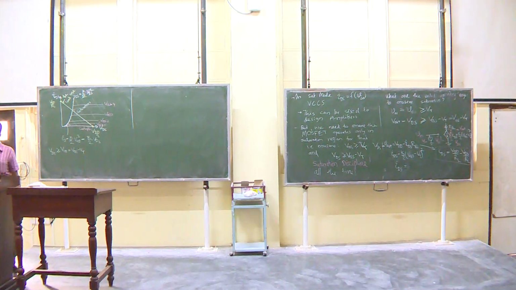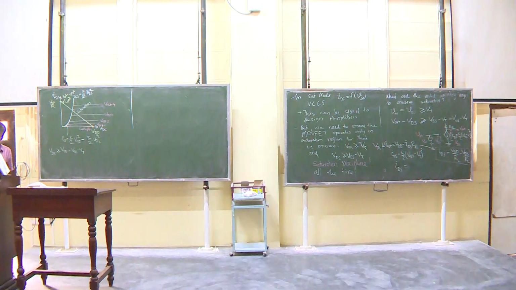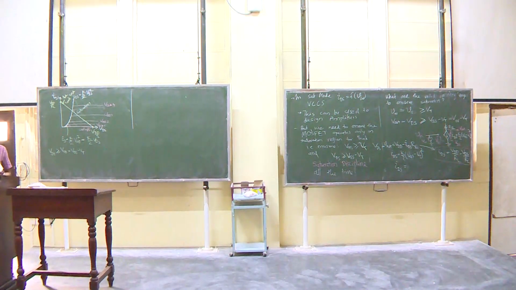It has nothing to do with the transistor, it's everything to do with the external circuit. The external circuit defines this line, but this transistor is part of this circuit. So therefore, it has to obey not just the load line, but also the transistor characteristics, right?